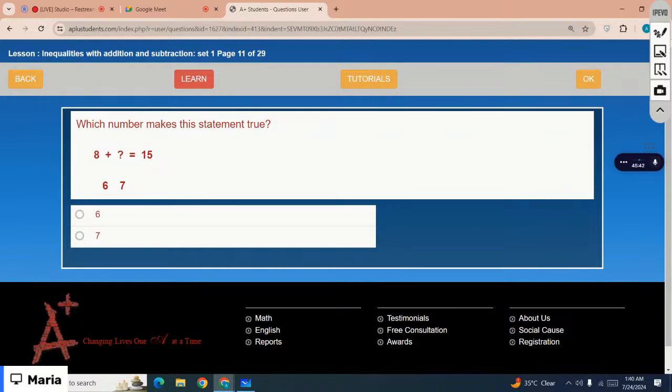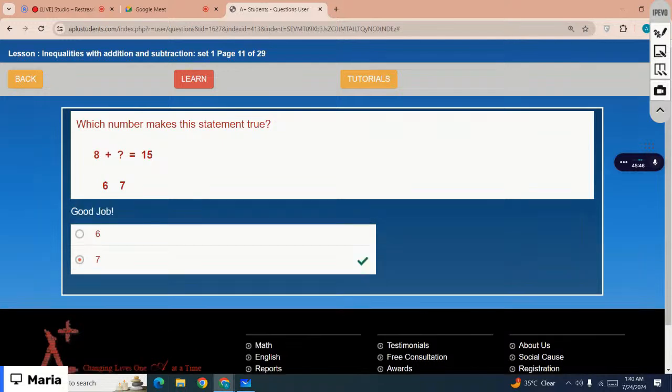Yes, 7 it is. 8 plus 7 makes 15 and 15 is equal to 15, so 7 it is.